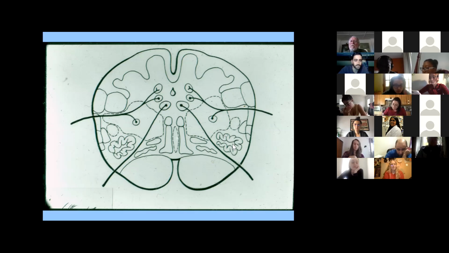Okay, two types of fibers. So there's two types of what we call olivocerebellar fibers. There are going to be climbing fibers and they're going to be mossy fibers.